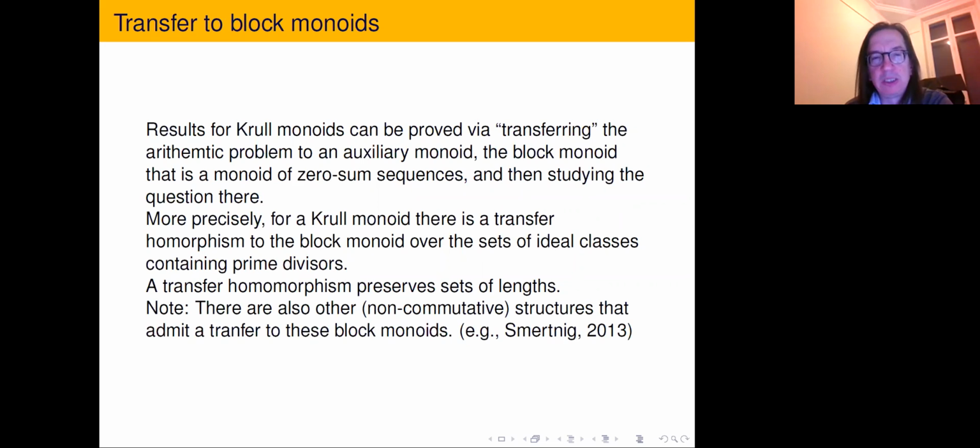And I mentioned here only commutative structures, but even in non-commutative cases, it can be possible to transfer to a monoid of zero-sum sequences of a commutative group. And this was first noted by Daniel Smertnig several years ago.